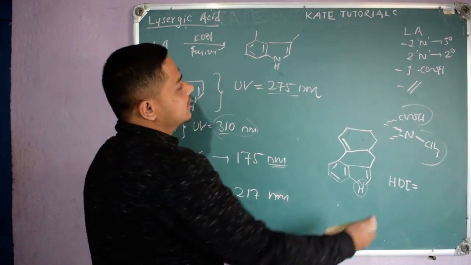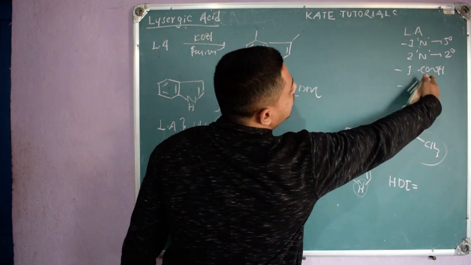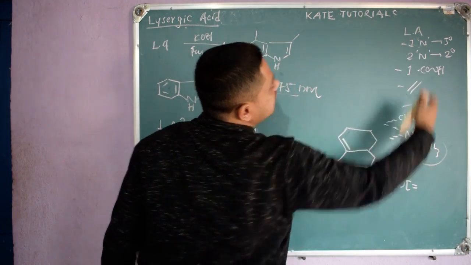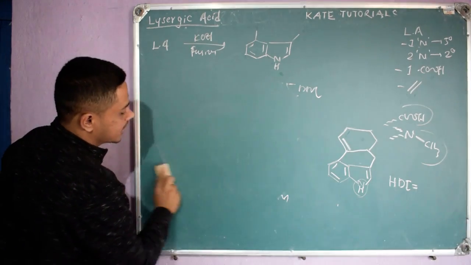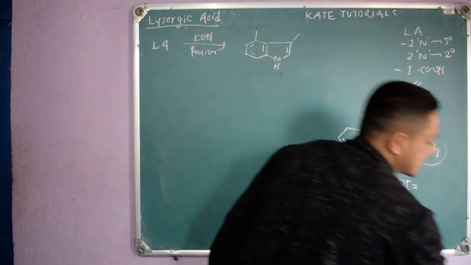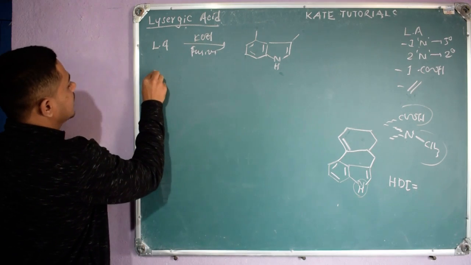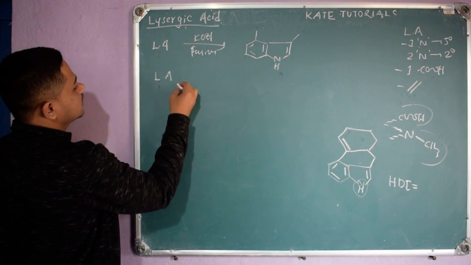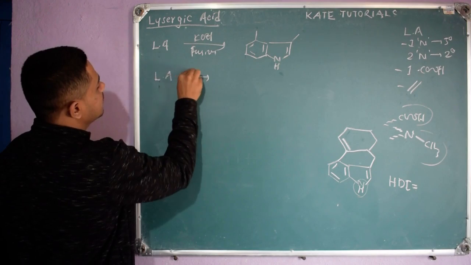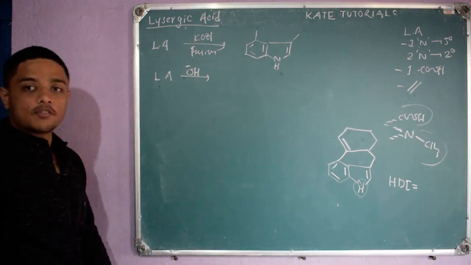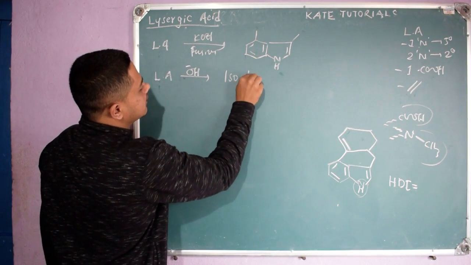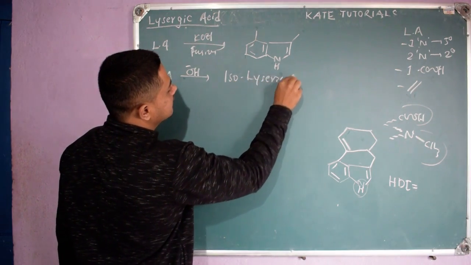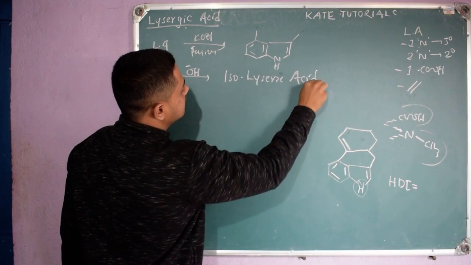Further, to tell the position of the COOH and one more position of nitrogen which is tertiary, they did one experiment. They took this lysergic acid and treated it with a base, OH minus, and they found that this lysergic acid was converting into isolysergic acid, right?